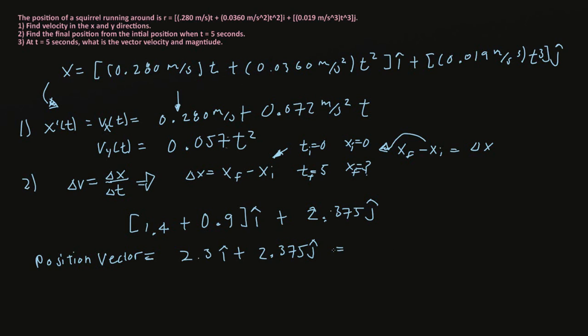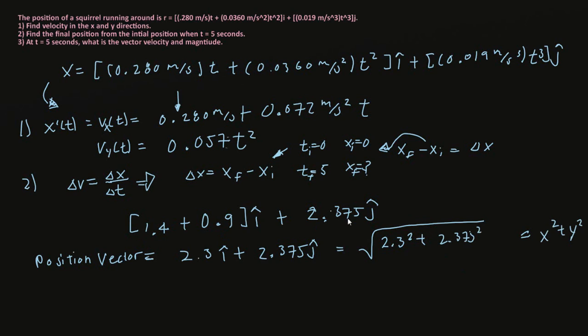So it would be 2.3 squared plus 2.375 squared, and that's how you find the magnitude. This will give you the position.